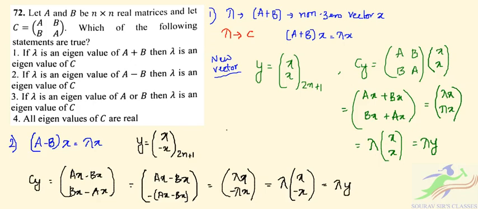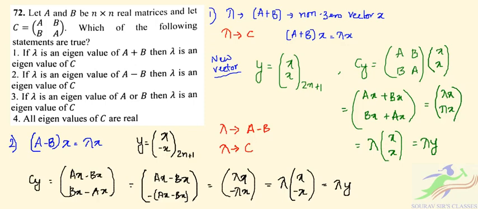So if lambda is an eigenvalue of A minus B, then lambda is also an eigenvalue of C. So option 2 is also correct.